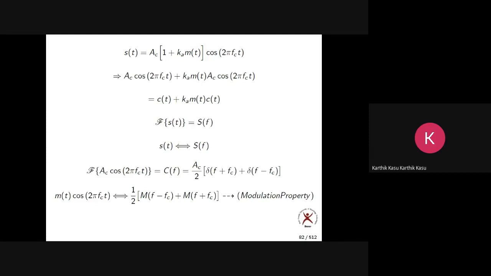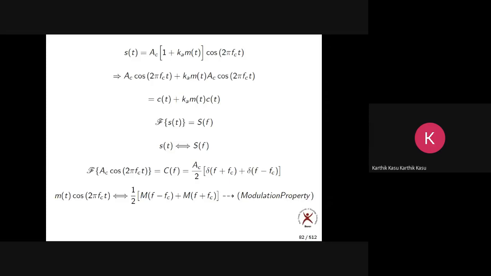Listen carefully. The answer is x of t minus t naught. Let us verify the formulas: only x of t minus t naught.